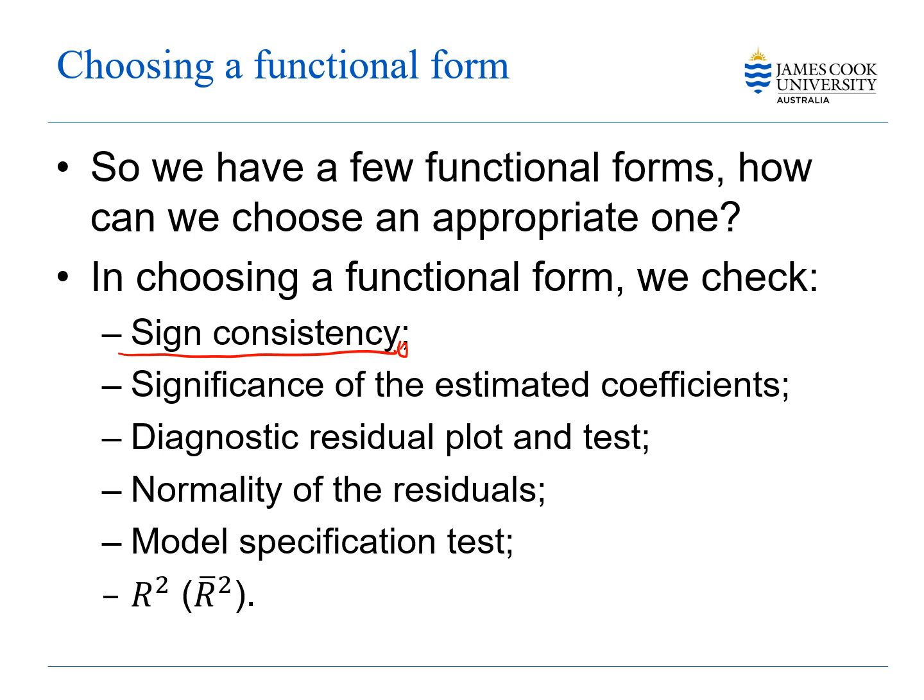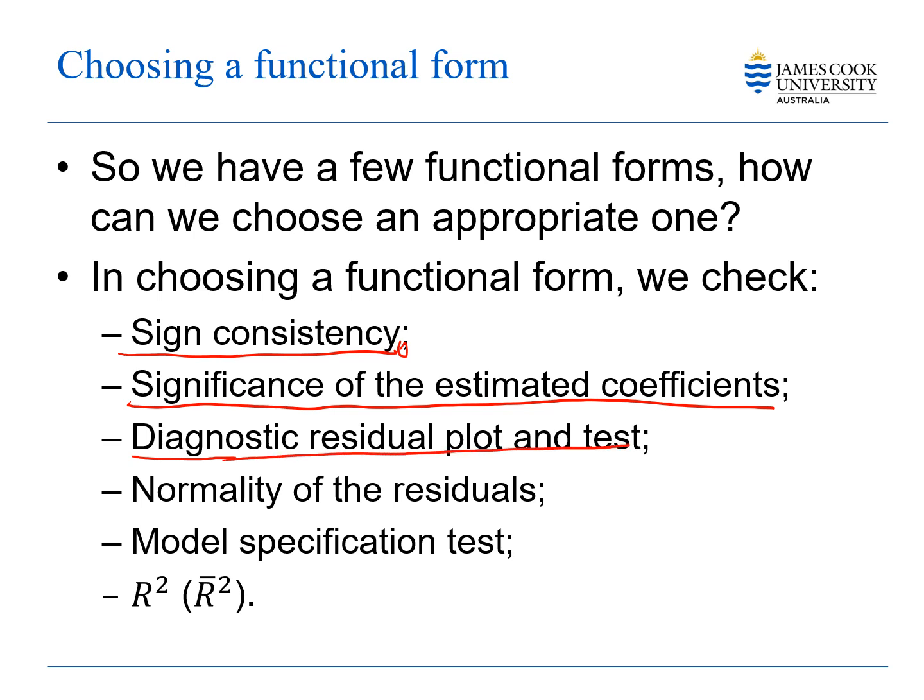And we can also check the significance of the estimated coefficients. If economic theory says that beta 2 should be significant, but we end up finding it is not significant, that might be because we are using a wrong functional form. And we can also check diagnostic residual plots to do some testing there.